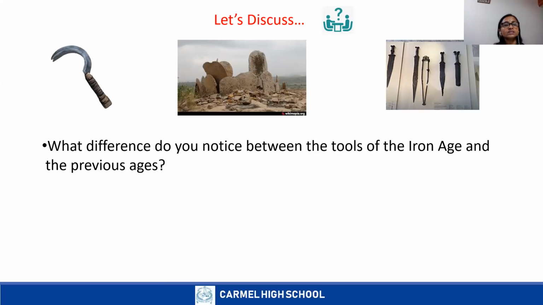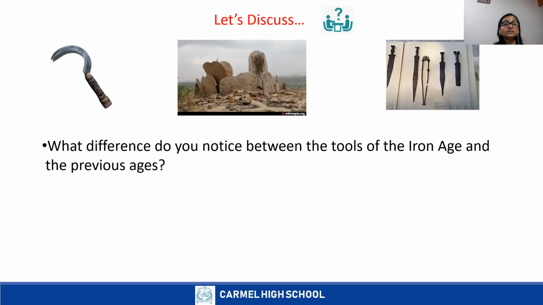So before discussing this, I have to tell that this Iron Age had all the features of the Chalcolithic Age, that is Copper Age. So they introduced tools made of iron.